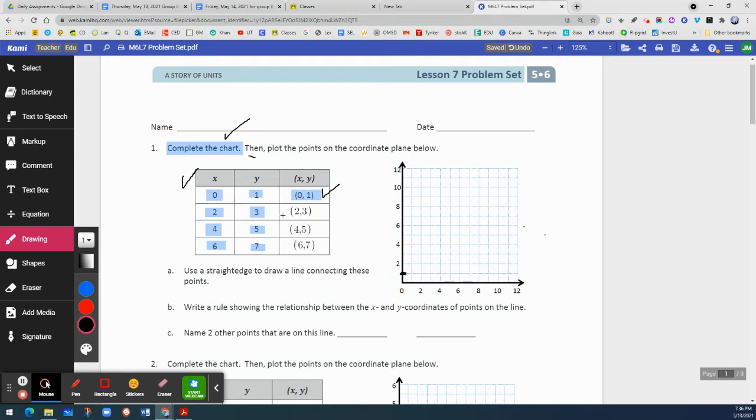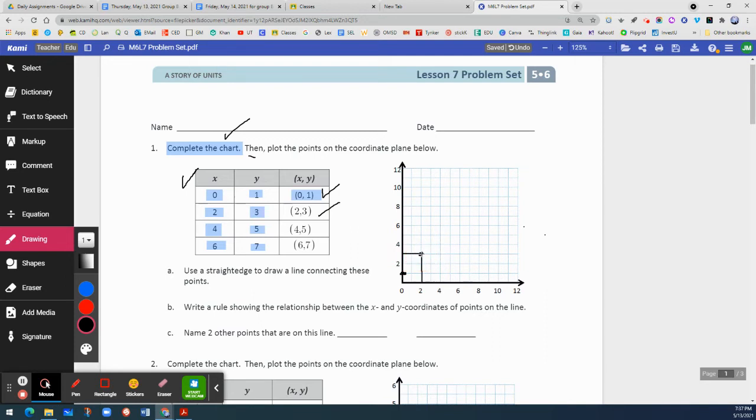Okay, now the next one is going to be x is 2 and y is 3. So x is 2. So I'm going to go to 2 and then go up until I find 3, and 3 would be right here. So here is the point right here. There.